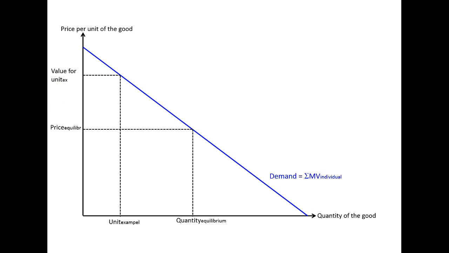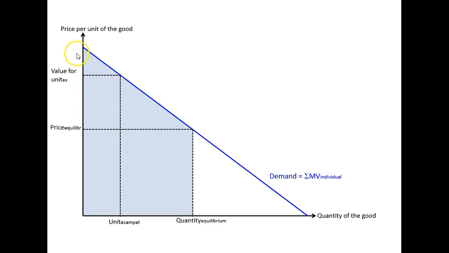If you now sum all of them together, like this, the area beneath the demand function in a certain range becomes the total willingness to pay, or the total value for all of these goods for the consumer.